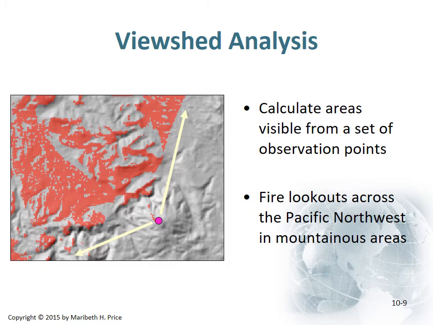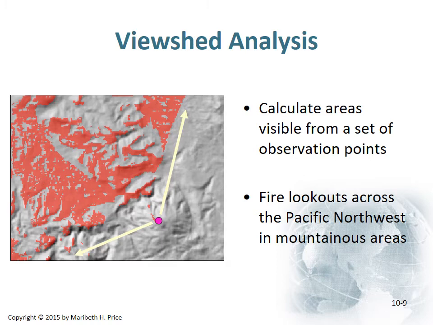When you want to monitor wildfires and spot them as quickly as possible to put them out, you need to be able to detect them. And the way to do that is to put a fire lookout on top of a ridge or a mountaintop that has a clear view across the region. And so you would site it somewhere where it had a commanding view of the surrounding area.